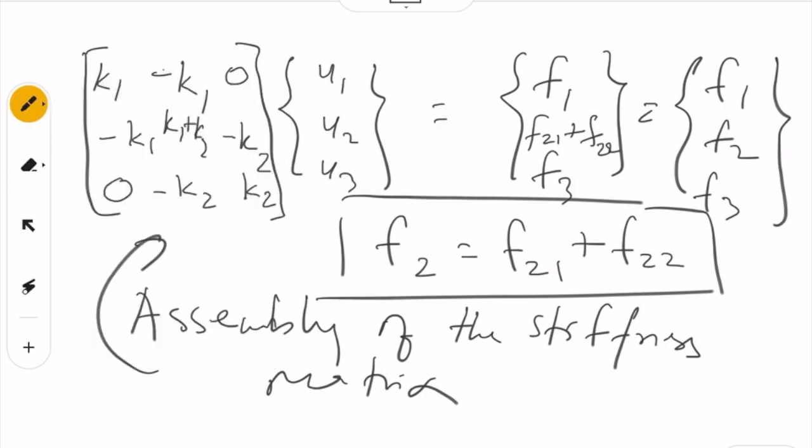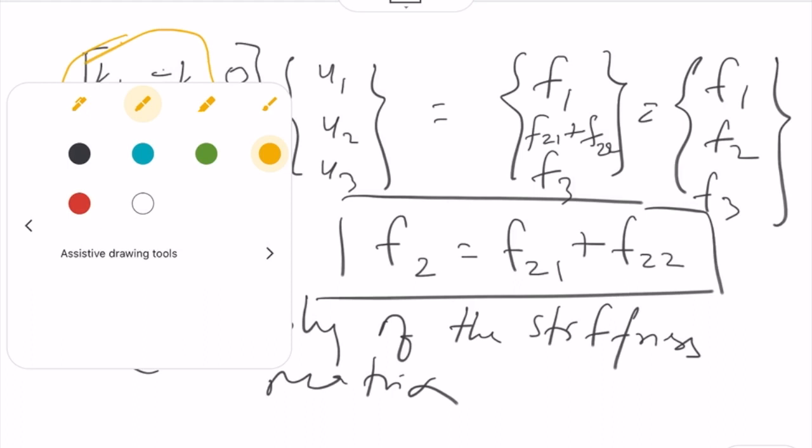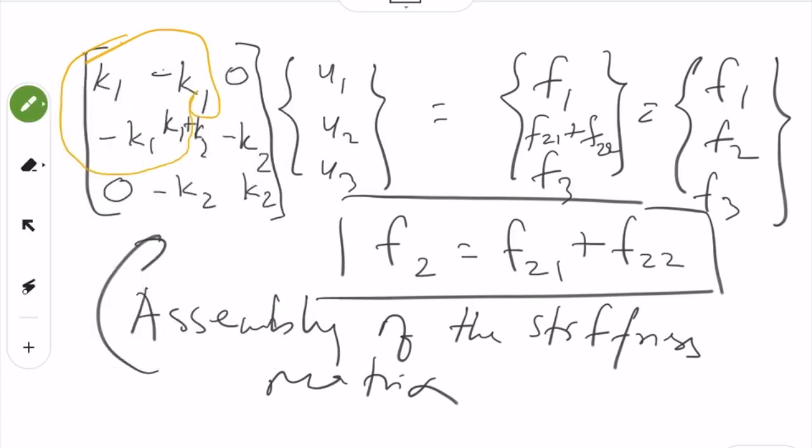And then you have K2, minus K2, minus K2, K2, this is coming from the second element. And the middle one where K1 and K2 is being added, that corresponds to the middle point basically.